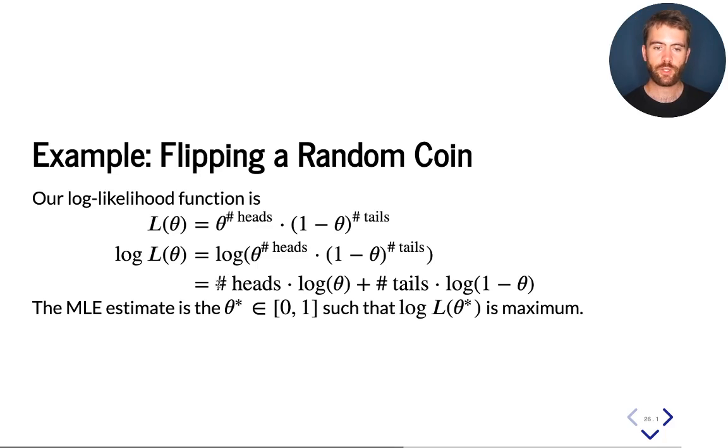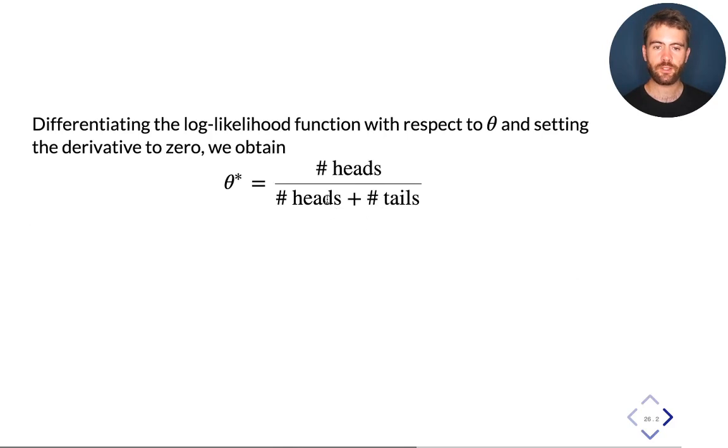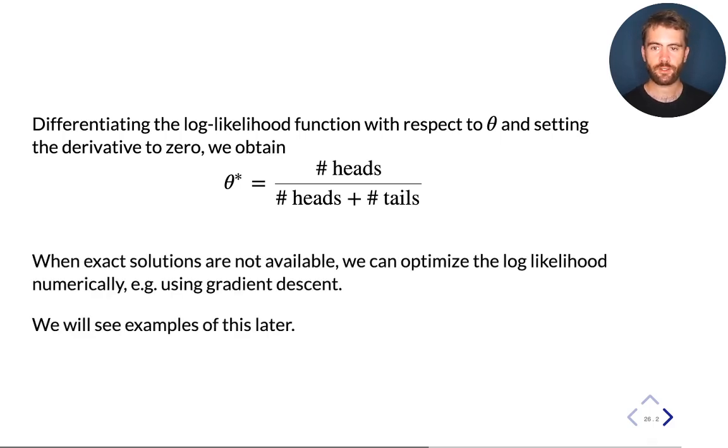Computing the log, we have the following form, and now we can estimate the optimal theta by simply taking the derivative of this value, setting it to 0, and solving for theta, and therefore we will find that the optimal value for theta, our maximum likelihood value of theta, is simply going to be the number of heads divided by the number of heads and tails. Again, this is a very intuitive solution, and it just shows that maximum likelihood applied to this problem is indeed returning very reasonable solutions.